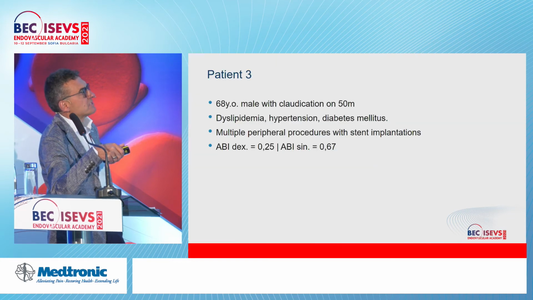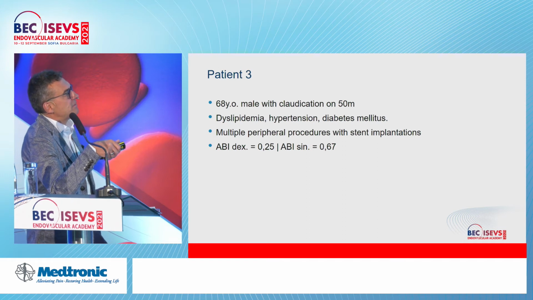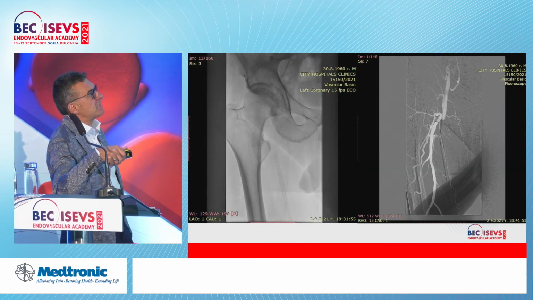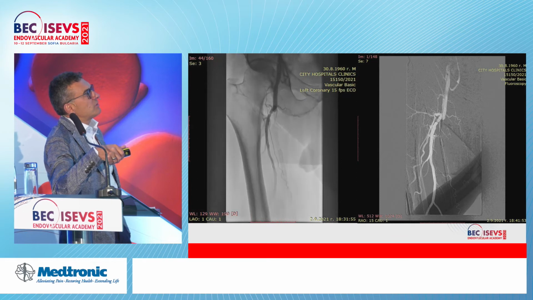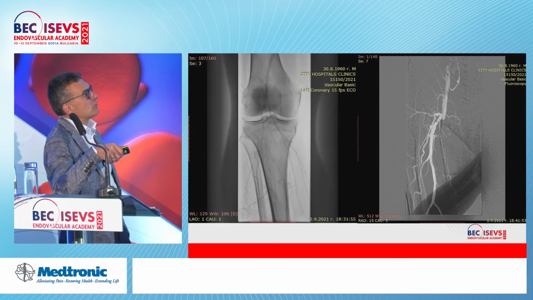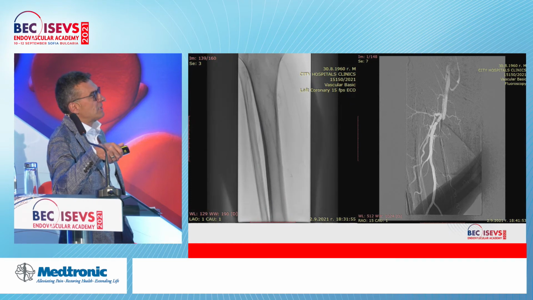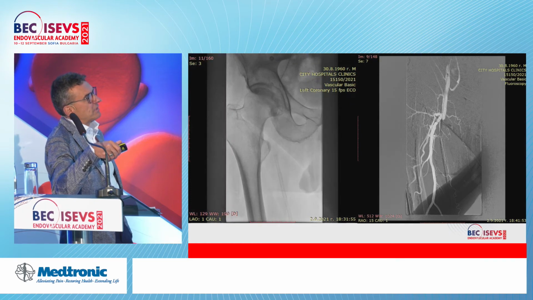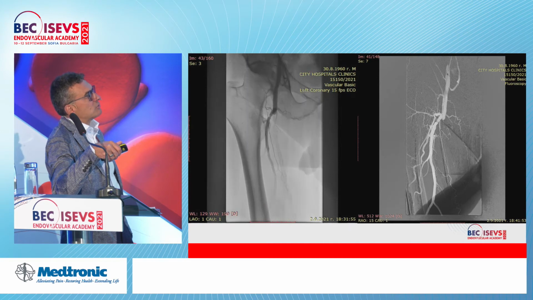It's more than obvious. So this is the final case with a critical limb ischemia on the right side, a 68-year-old gentleman with a total occlusion, not within the stent, but also starting from the ostium of the SFA. It was not very easy.